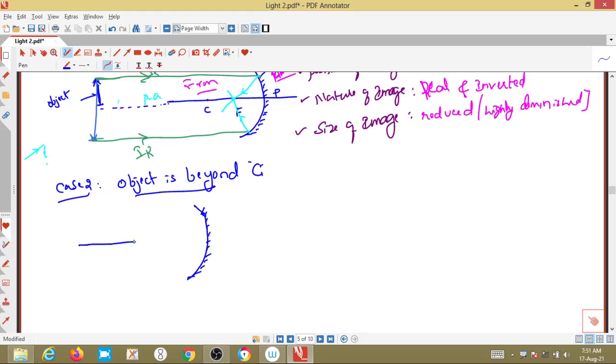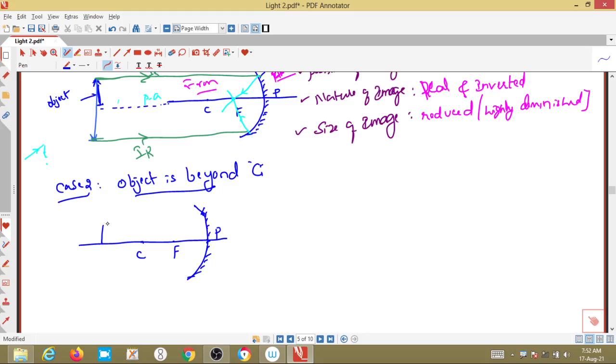This is the principal axis, passing through point P. This is the focus, this is the center of curvature. Somewhere here beyond C, it is not far away from the mirror, it is just a certain distance beyond C. So it is nearer to C, we can say that.